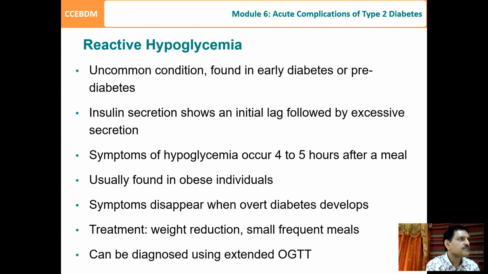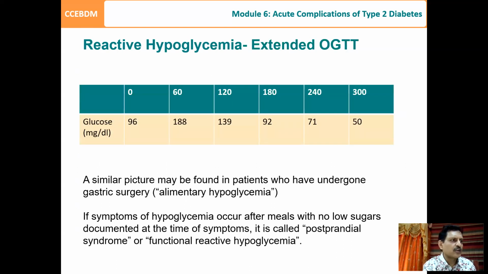The symptoms of hypoglycemia develop 4 to 5 hours after the meal, and it is usually found in obese individuals. The symptoms disappear when overt diabetes develops. The treatment is reduction in body weight, and you can also ask the patient to take frequent small meals. This can be diagnosed by an extended oral glucose tolerance test.